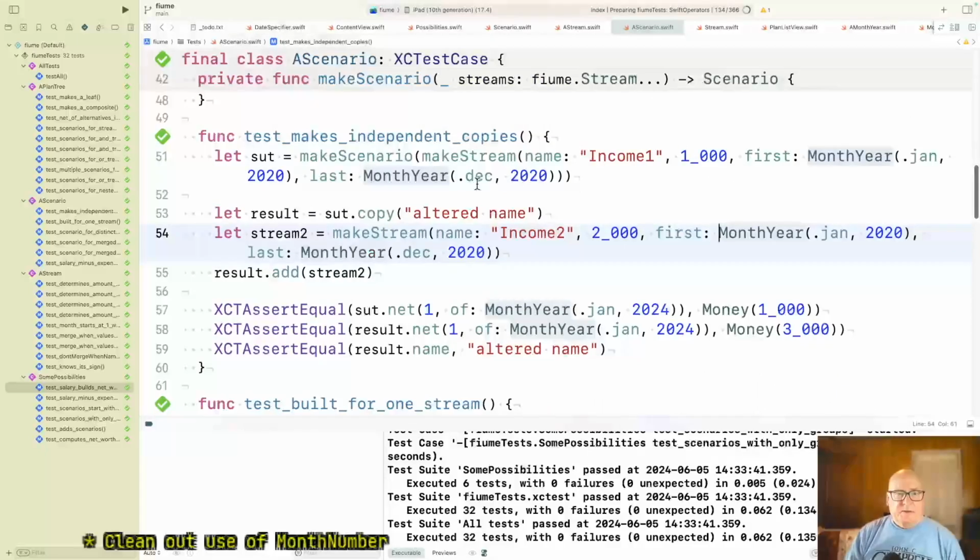Oh, I said month year 2024. Month year 2024.